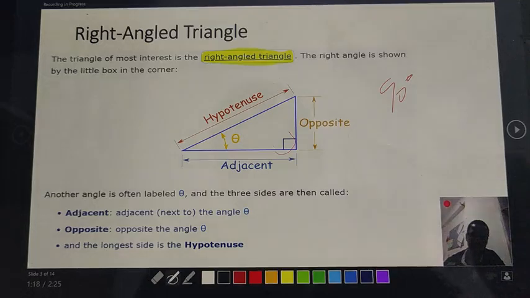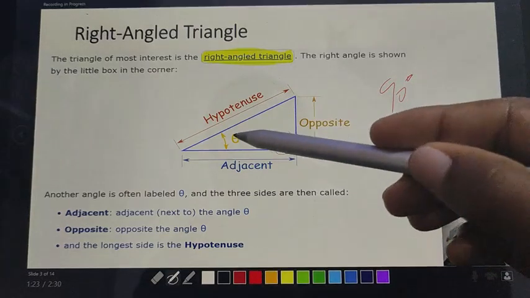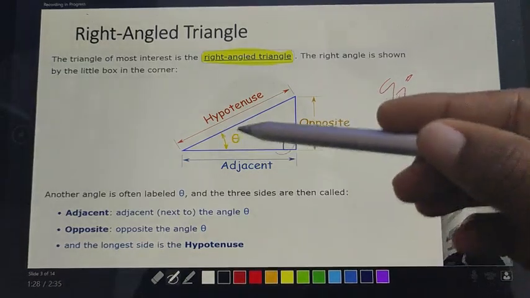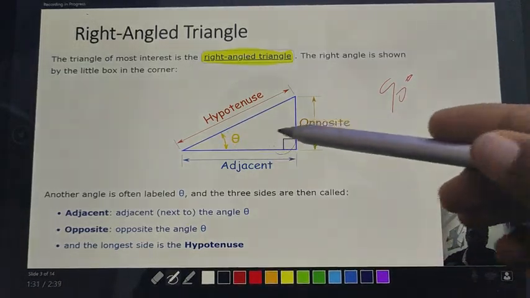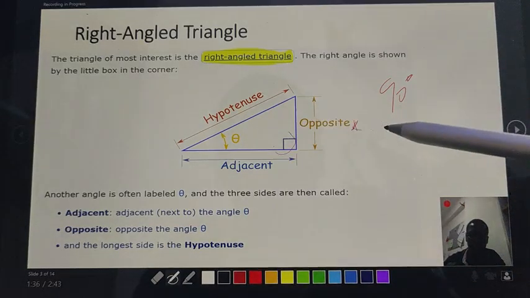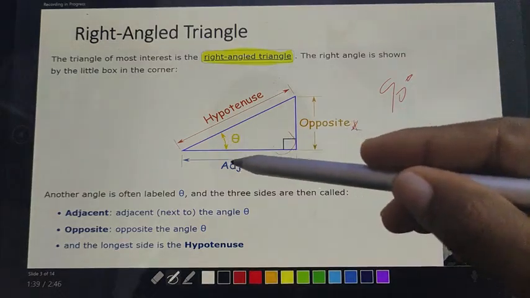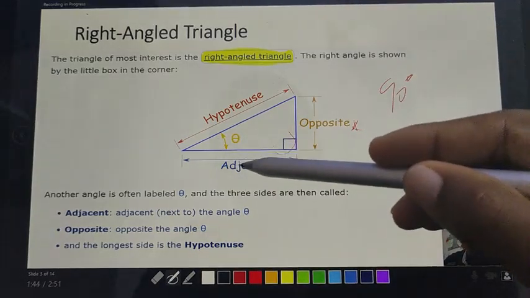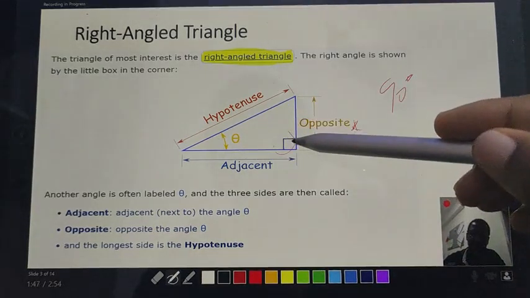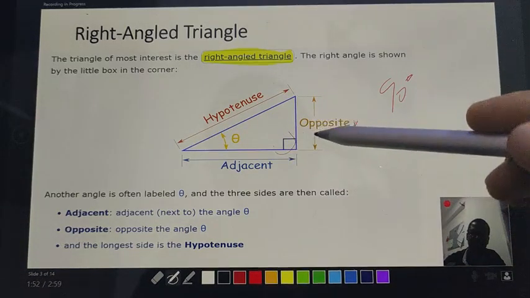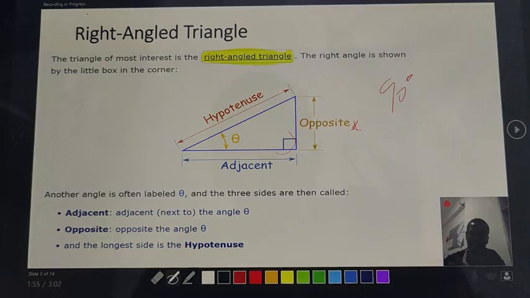If you look at it, theta is the angle. The side which is opposite to theta is what we call the opposite side, the side which is just below the angle is what we call adjacent, and the side which is opposite to the 90 degrees, or right angle, is what we call the hypotenuse.